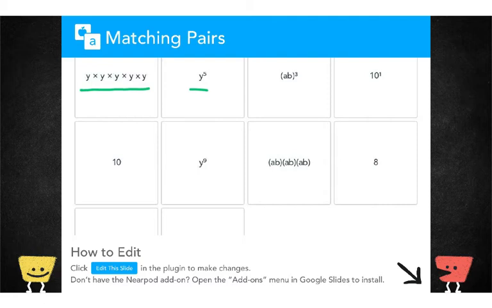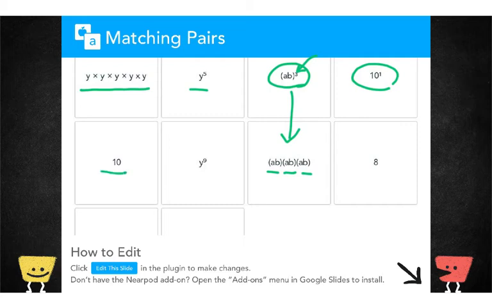And if I were to go AB to the power of 3, that means I would take AB and multiply it once, twice, 3 times, because the exponent tells me how many times to multiply something. If I were to see 10 to the power of 1, that really just means I'm multiplying 10 one time by itself. That's it, which is 10.